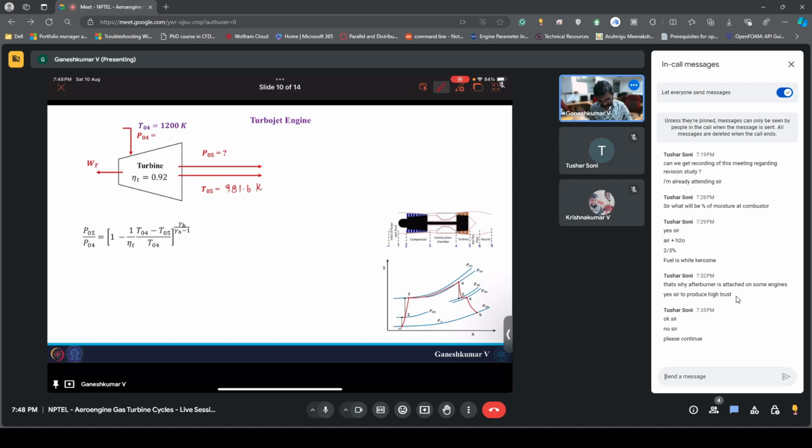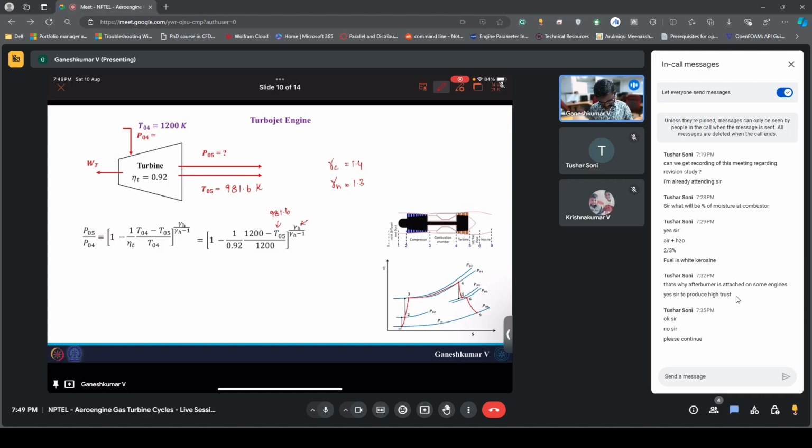If you substitute all these values here, so here also 981.6 Kelvin, and you can see I'm using gamma h here. Gamma h is 1.3, gamma c is 1.4.